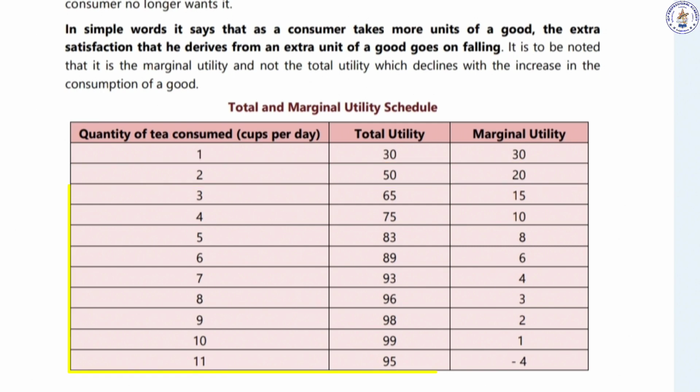Now you see 1, 2, 3, 4, 5. As he increases the cups, when he goes to the 7th cup, the total utility is 93, whereas the marginal utility derived is only 4. And when he goes to the 10th unit, the marginal utility comes down to 1. And at the 11th unit, it even falls.